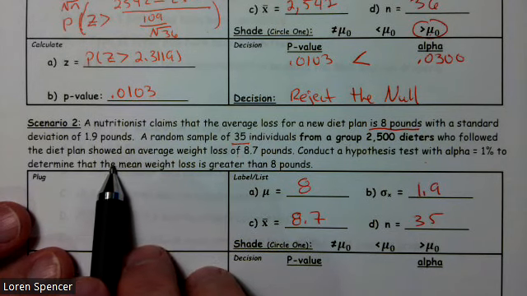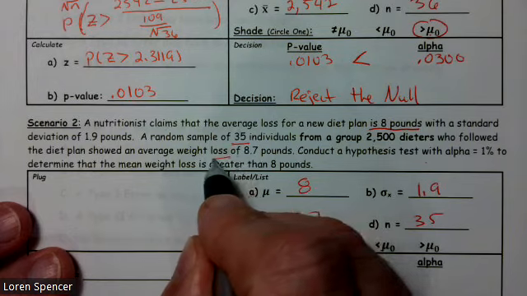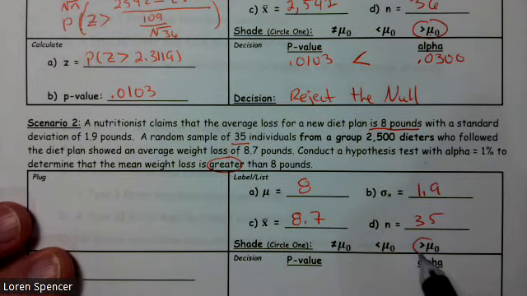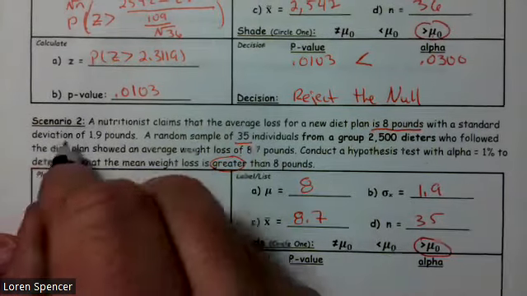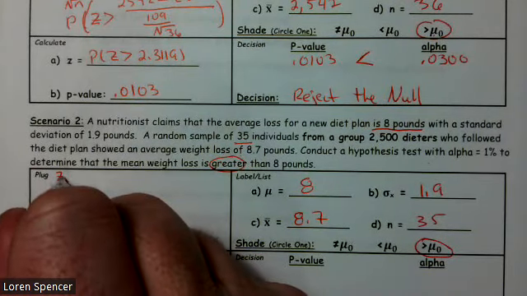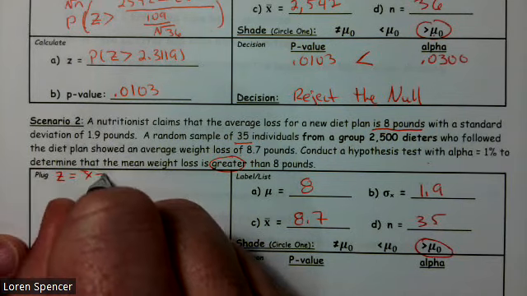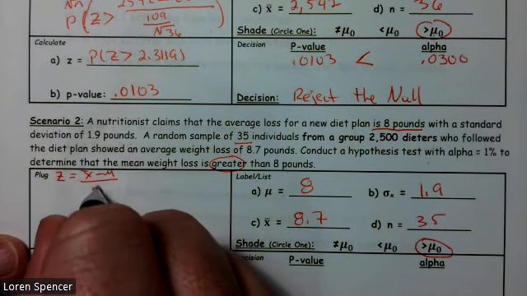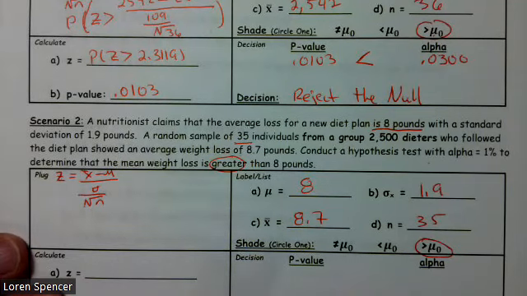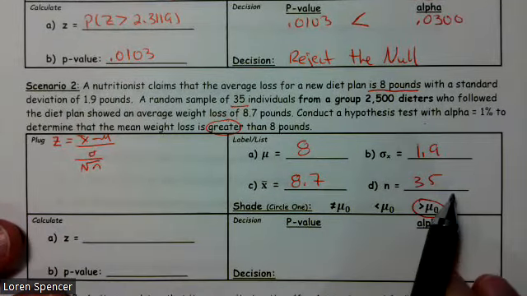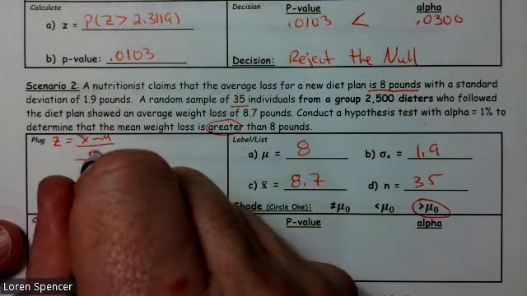Here it says determine if the mean weight loss is greater. So this tells me this is a greater than. And since we're working with the standard deviation of the population, we're working with a Z. So Z equals X bar minus mu divided by the square root of n. And we need to calculate our Z statistic and our p-value.